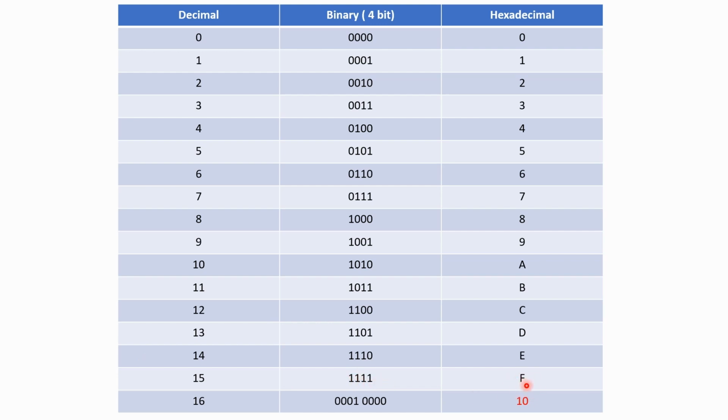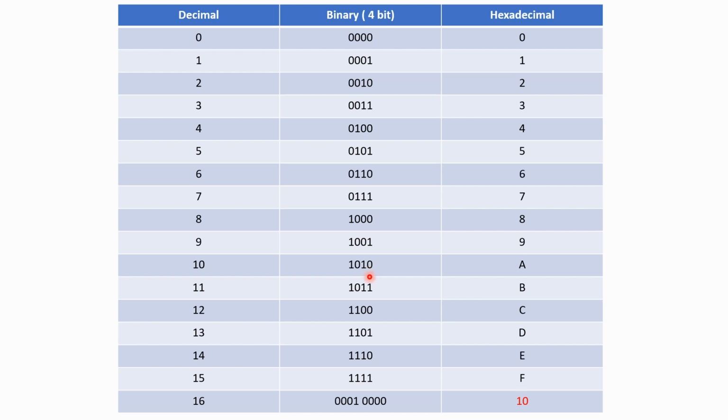That's also equivalent to F in hexadecimal. Remember, we said that the symbols run from 0 up to 9, and then A, B, C, D, E, F. So 10 in decimal would be A in hexadecimal, and in 4-bit binary, that's 1011.